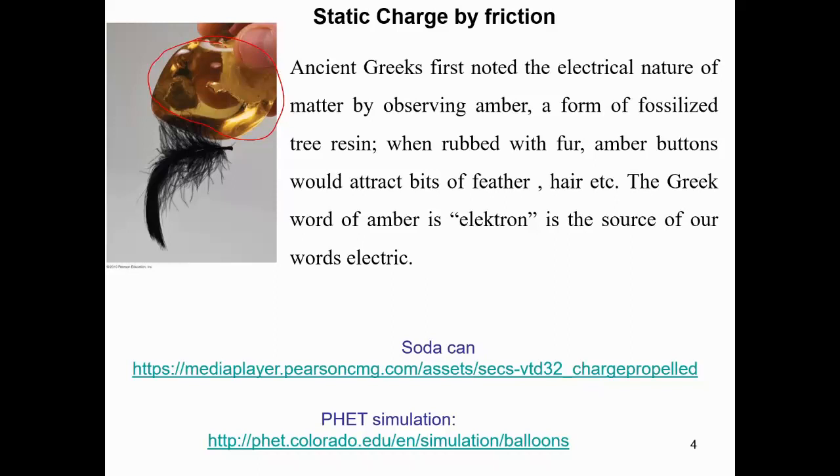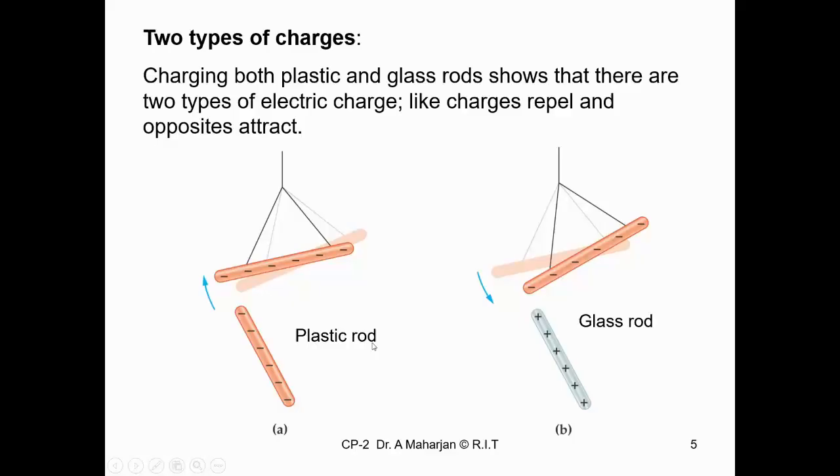If you rub the amber with fur or any cloth, it can attract bits of paper or other objects like that, and that's how it was discovered. The Greek word for amber is electron, and that's why the names electricity, electron, electrostatics came from Greek. And these are some sample examples, video link.